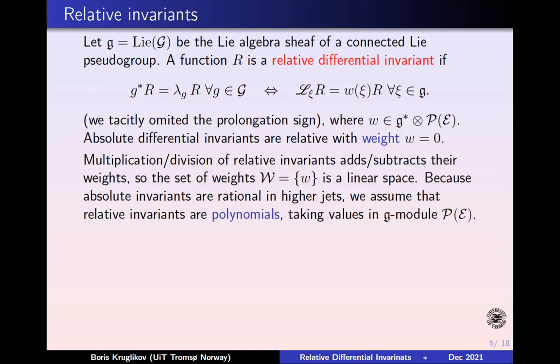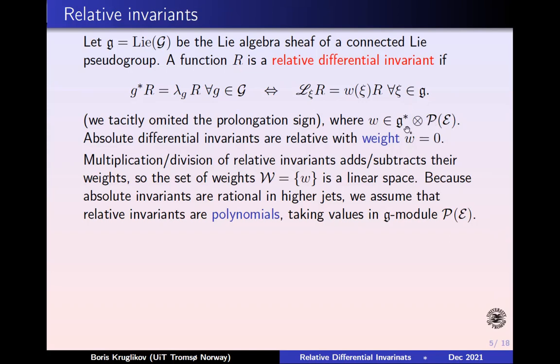So let me focus on the right-hand side. I can describe this for the pseudogroup, but actually I would like to discuss the algebra. So this weight maps from the Lie algebra G to functions on my manifold E. In fact, everywhere later I will assume that it's a continuous function, because I would like to talk about a kind of Gelfand-Fuks cohomology.